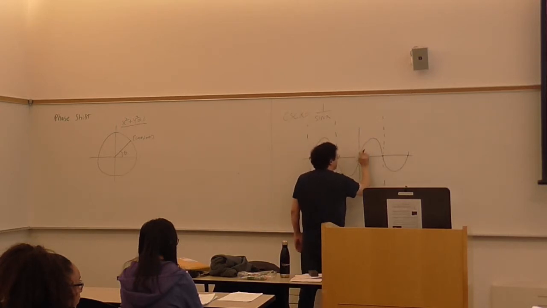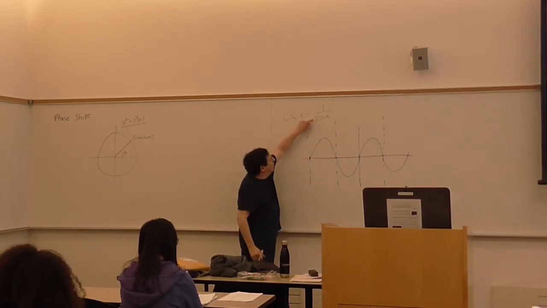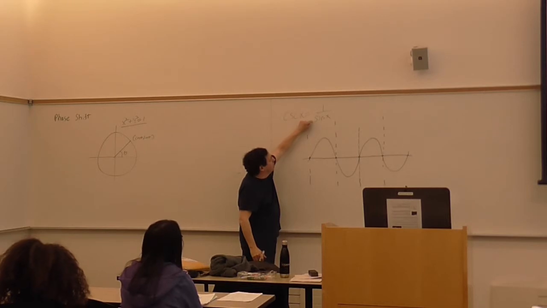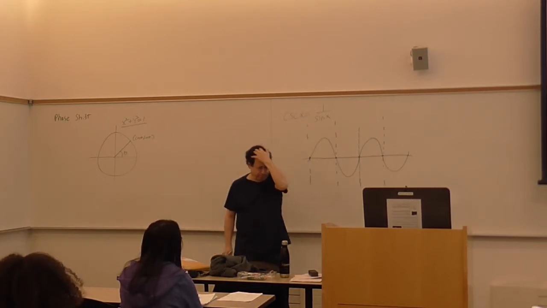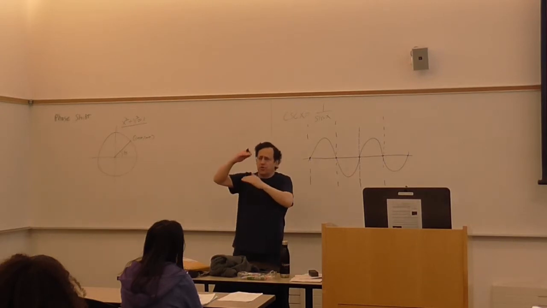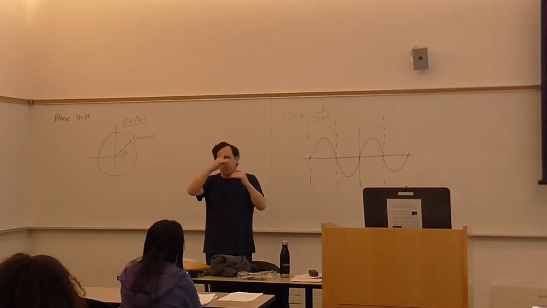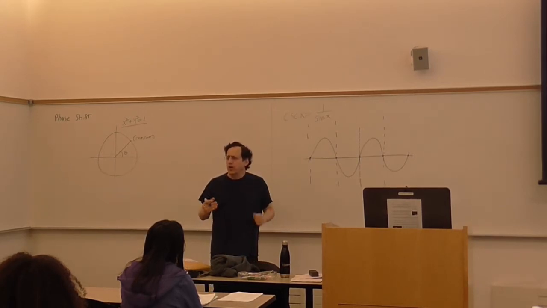Okay. What do we know about 1 over some number? Well, sine of x is between, let's just say, 0 and 1. 1 over a number between 0 and 1, what's the range on that?